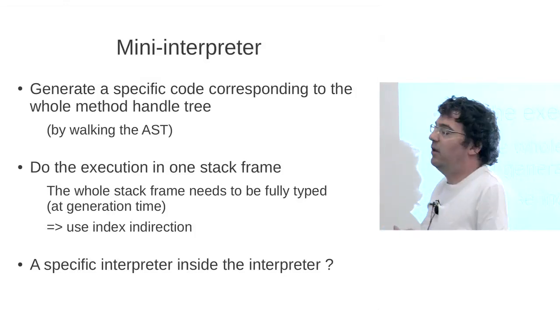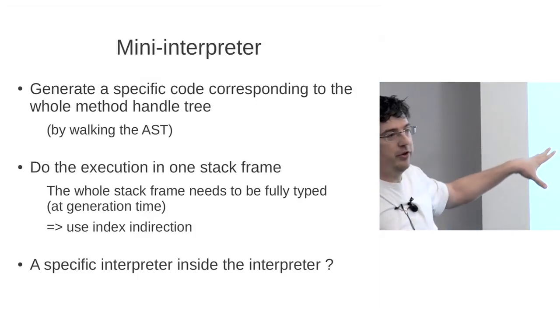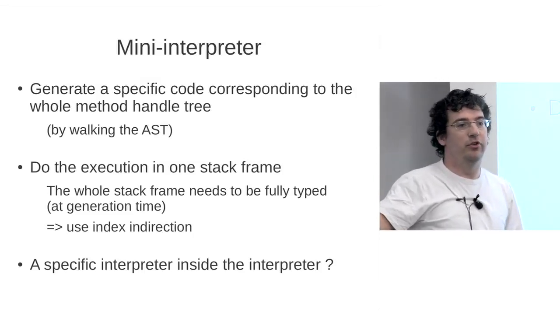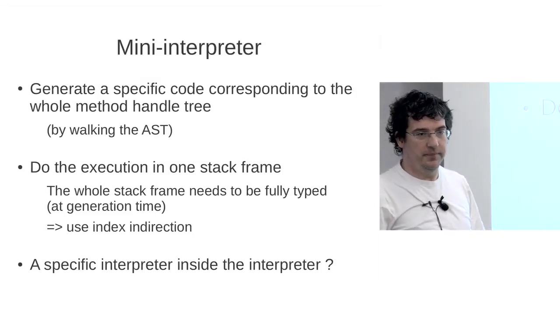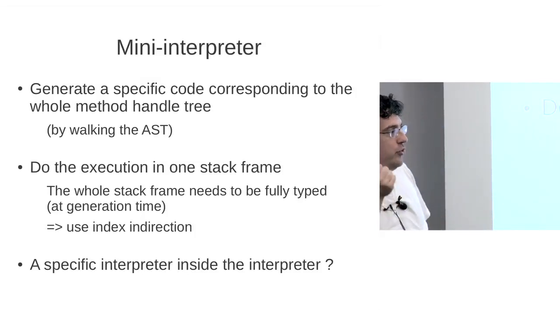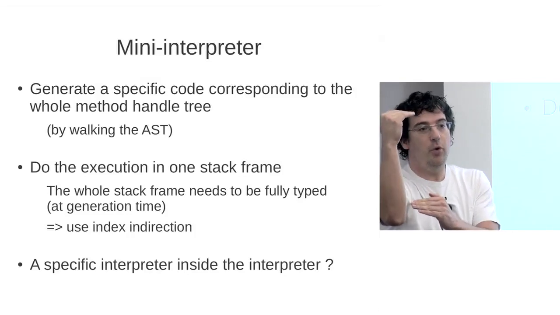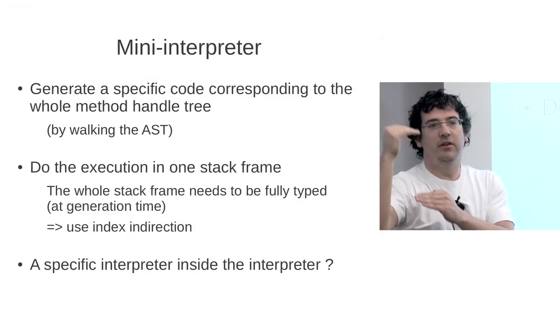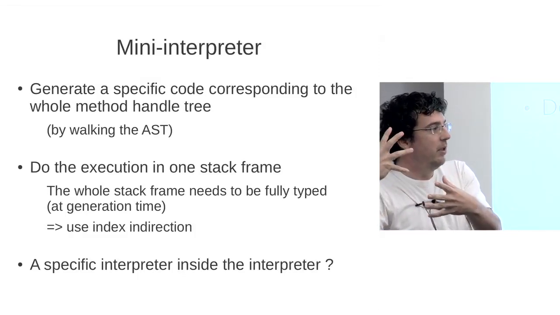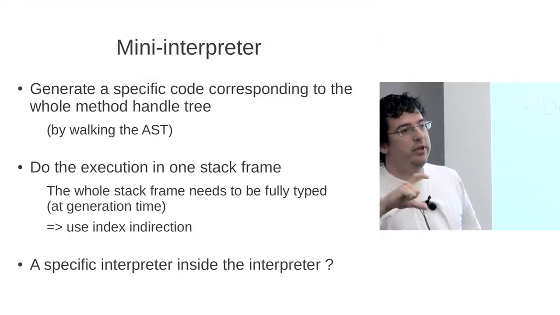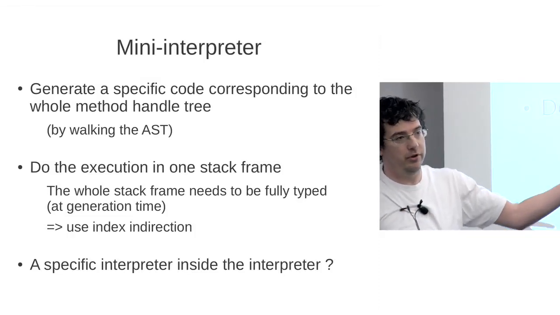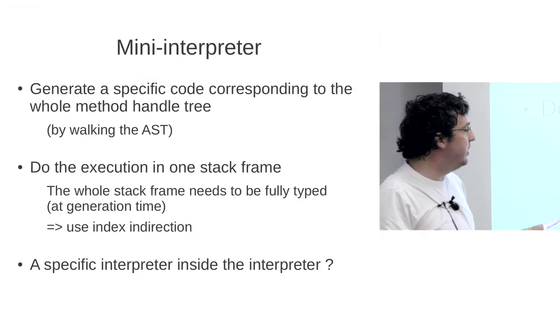And because we have a mini interpreter, it means that we also have opcodes, special opcodes that we can run. And if we generate one sequence of opcodes for one method handle tree, it will be awful.